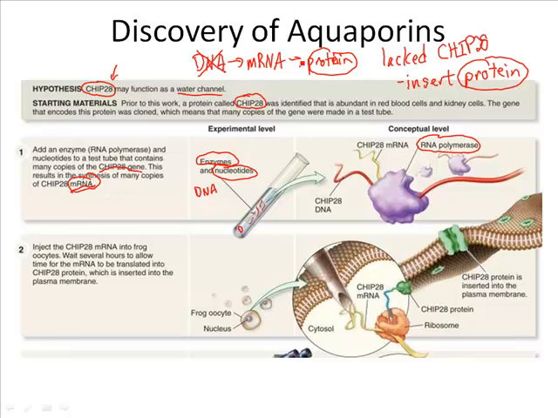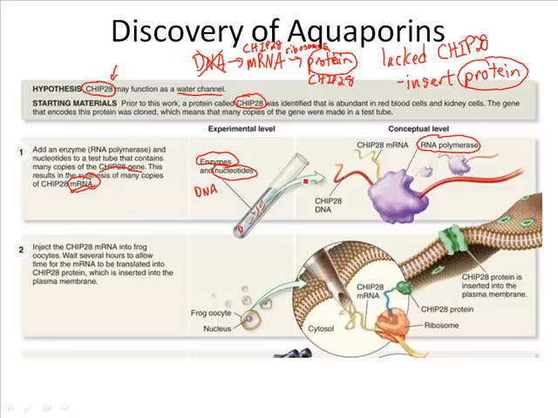Now recall, the process of converting mRNA to protein is carried out by what structures? That's right, ribosomes. Well, all cells have ribosomes, so once I put the RNA corresponding to CHIP28 into a cell, the ribosomes for that cell should produce CHIP28 protein.